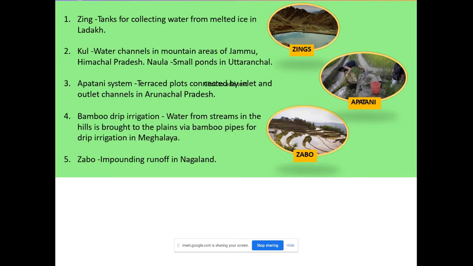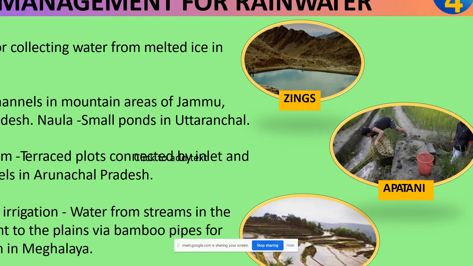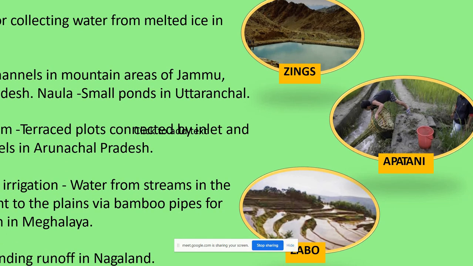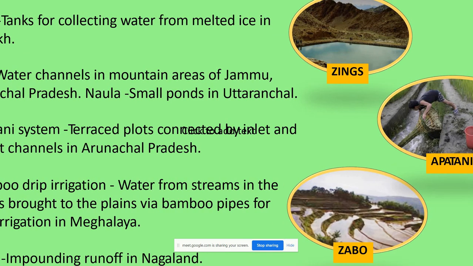Javo, which means impounding water, is an ingenious method of catching rainwater running off the mountains. Kuls are water channels found in precipitous mountain areas. These channels carry water from glaciers to villages in the Spiti Valley of Himachal Pradesh.